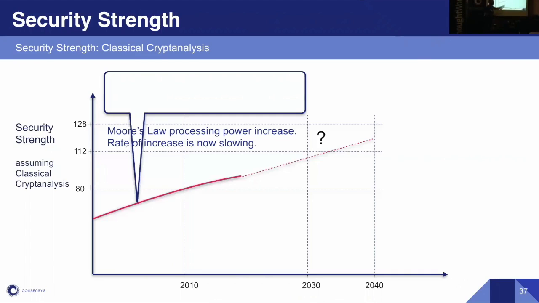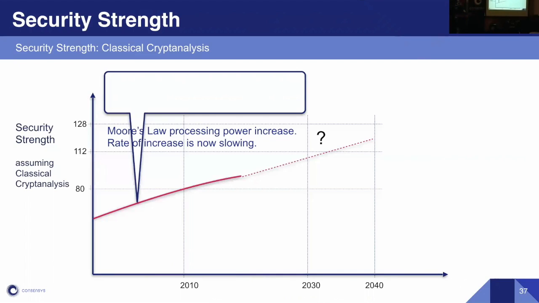The ability of Intel and other large chip manufacturers to increase the CPU power leveled off a little bit in recent years, but then there have been a lot of new ideas on how they can accelerate things again. So you could assume that human ingenuity will mean it's going to keep on going up at that rate. And certainly the NSA and NIST over in the US thought that.